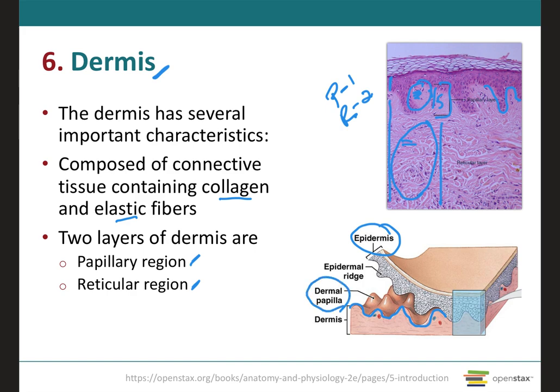These will greatly increase the surface contact between the papillary region and the epidermis, notice right over here, just like the microvilli that are present in the digestive system, which increase the surface area of the small intestine to be able to increase absorption.